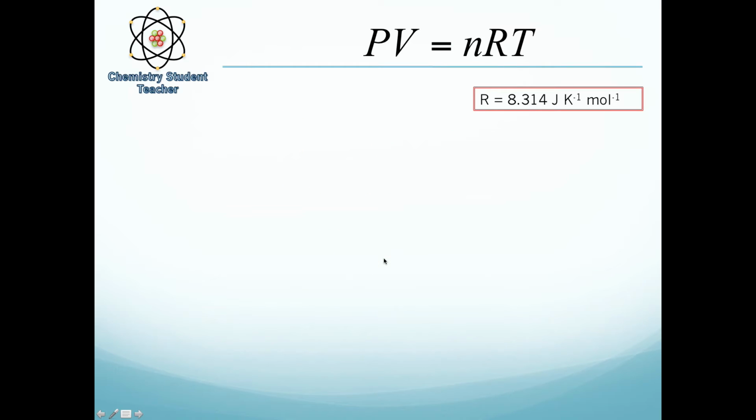And the final equation, which is the ideal gas equation, we have p, which stands for pressure, which is given in units pascals. v equals volume, which, because we're talking about a gas, is metres cubed in this case. n, again, the number of moles, given the unit mole. r is a constant, and it's written up here as 8.314 joules per Kelvin per mole.